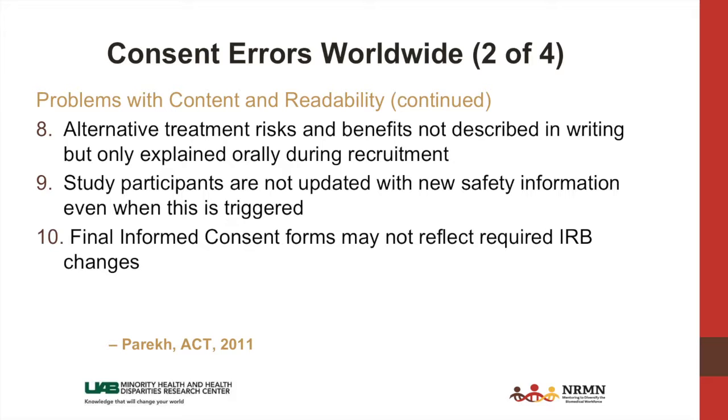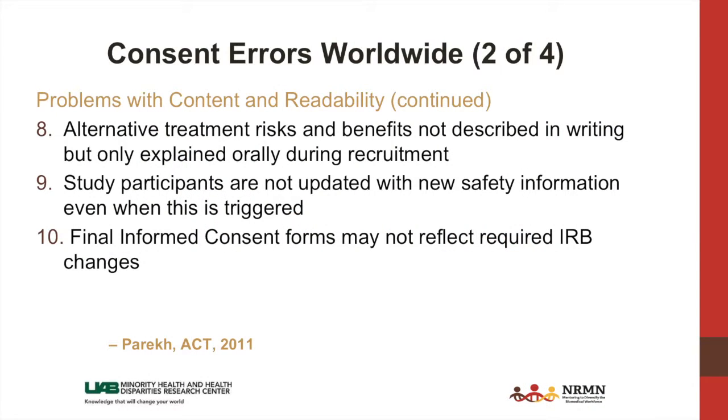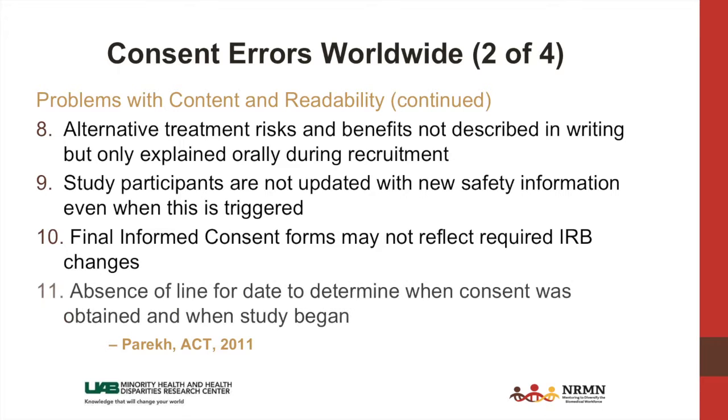In other words, the Institutional Review Board may look at the informed consent and say, make these changes there so as to be consistent with all the elements that we have talked about. And in the rush to get the study started, the investigator or researcher may completely forget. So they are using old forms without the new changes that the IRB has recommended.